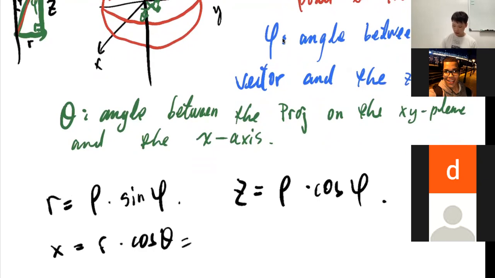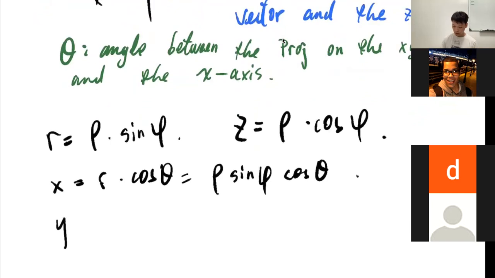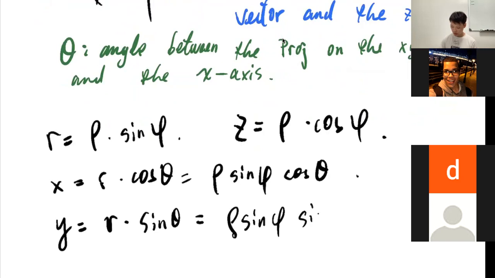Well, you can just replace r by using rho and phi. So this is rho sine phi cosine theta. And y is equal to r sine theta, which is rho sine phi sine theta.